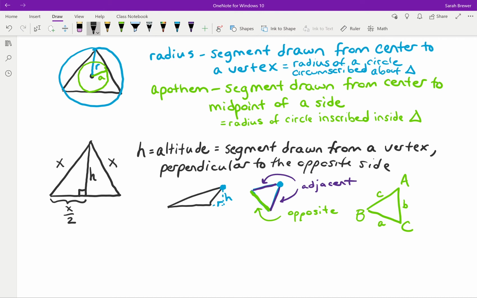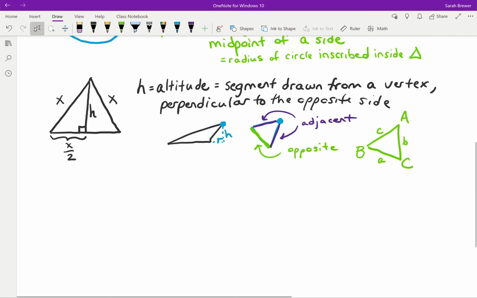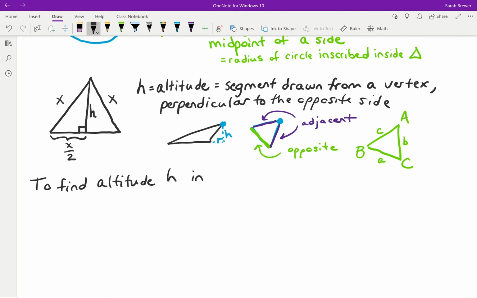What I want to do is find the length of this altitude in terms of my edge length x. So to find altitude h in terms of edge or side length x, we're going to use the Pythagorean Theorem.